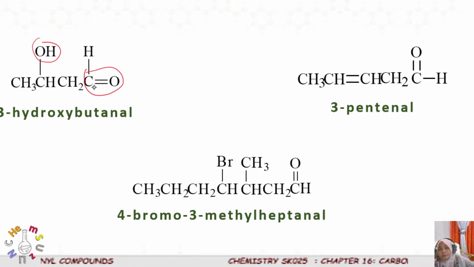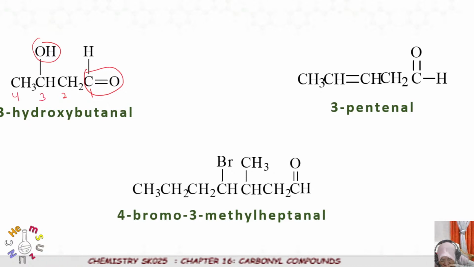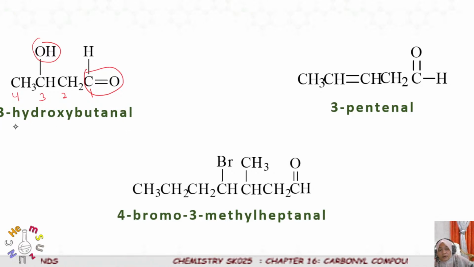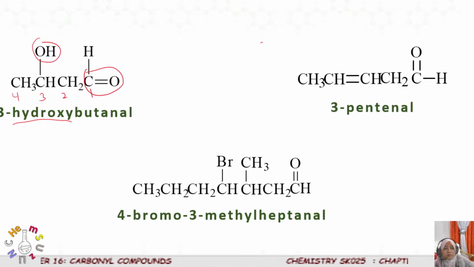Now the parent name is 1 carbon, 2, 3, 4 carbon. So we name it as a butanal. At carbon number 3, we have the OH, so we name it 3-hydroxybutanal.